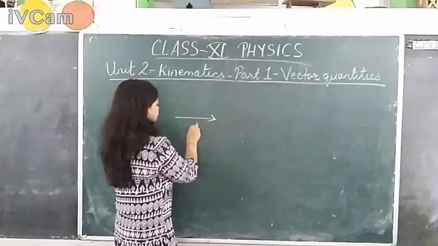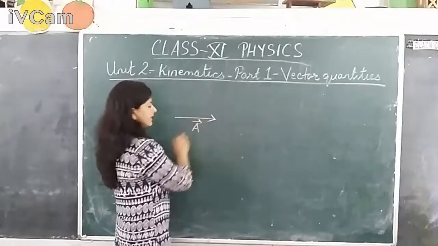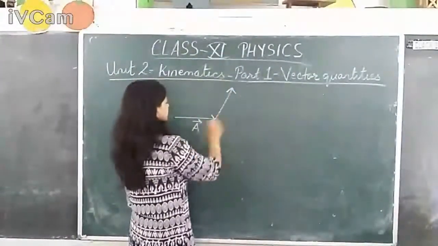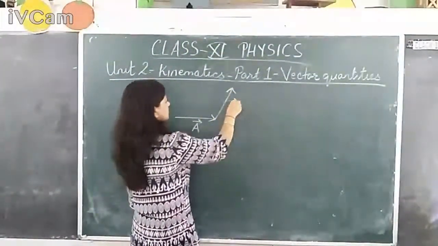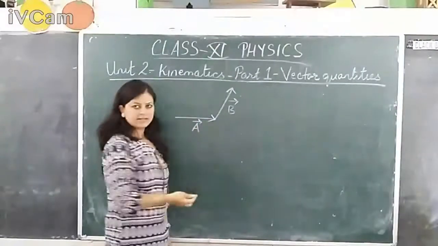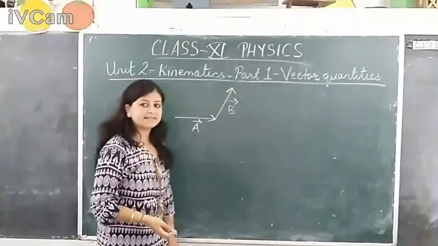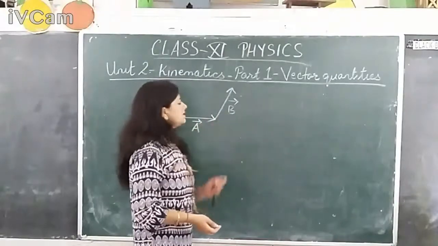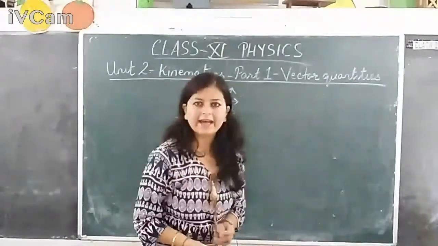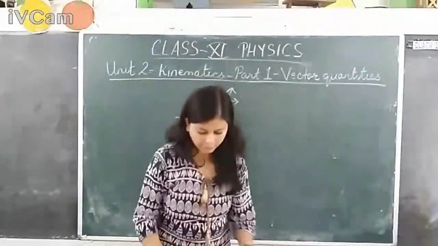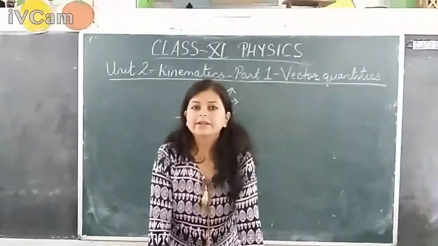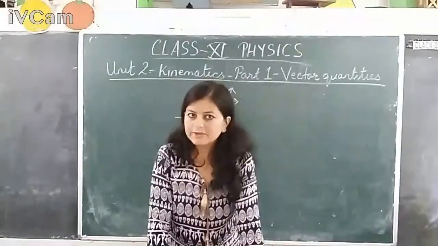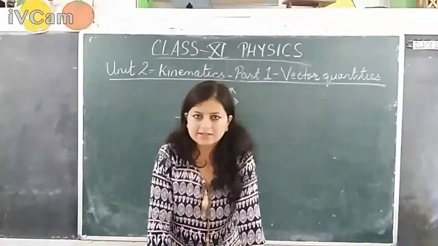say this is A vector, so this is A, and I have another vector, say B vector. Now it may have a magnitude, it also has a direction, isn't it? Now to add two quantities which has got direction, you cannot go for simple ordinary algebra, you have to go for vector addition, and there are certain rules to be followed while you add two vectors together.